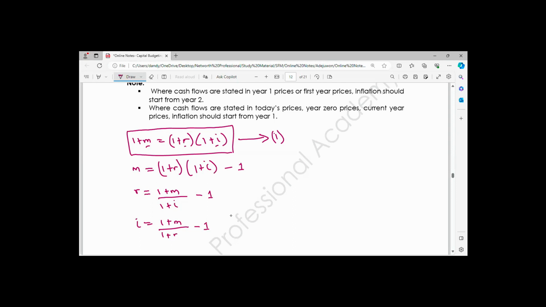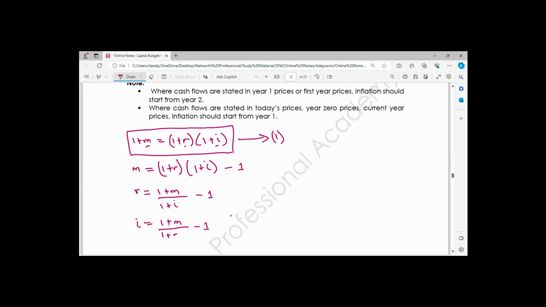The first rule states that money cash flow goes with money cost of capital. Rule number 2, real cash flow for real cost of capital.